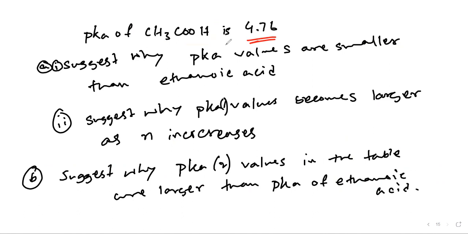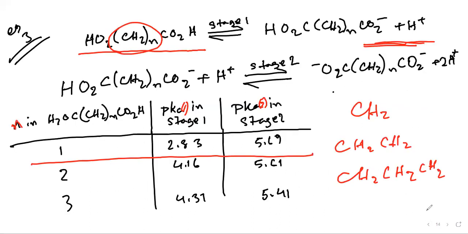You can see that the pK value of ethanoic acid is 4.76, and all of the pK1 values, of stage one, are lower than the 4.76 mark.